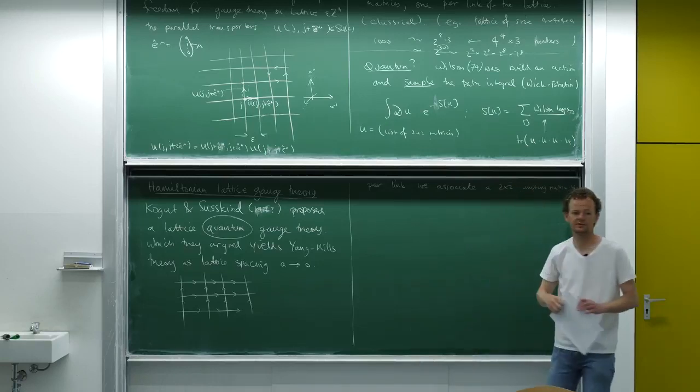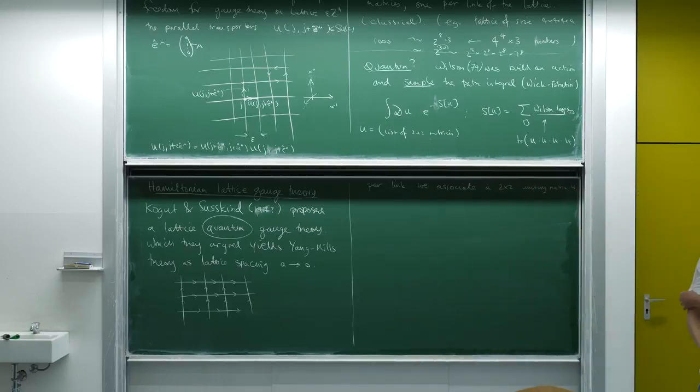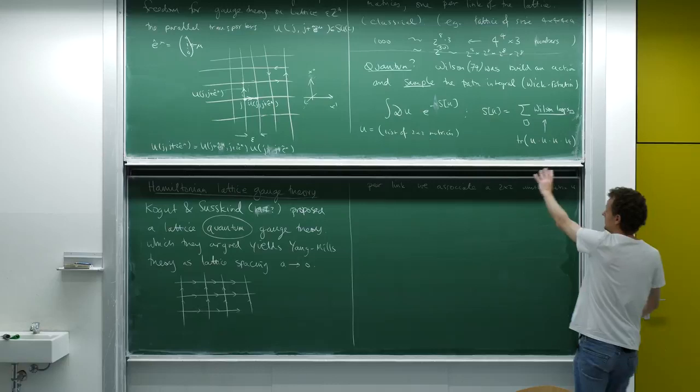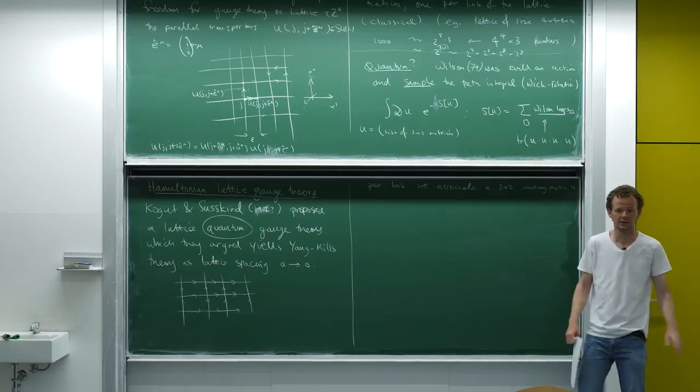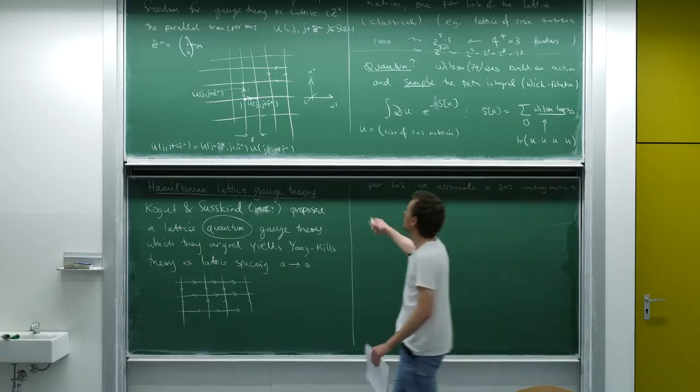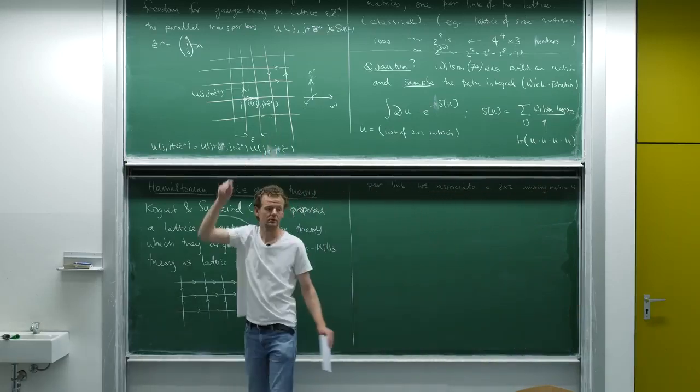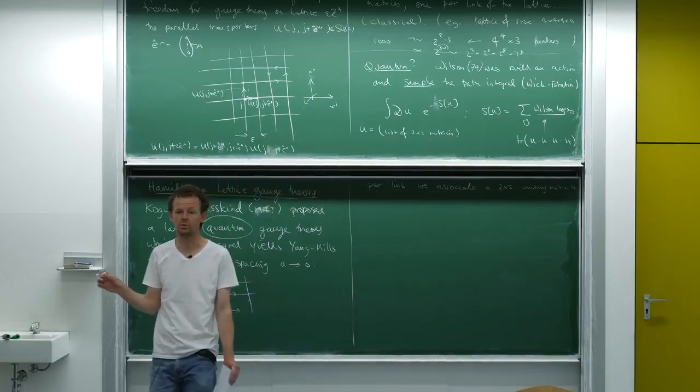So for every link, we associate a 2 by 2 unitary matrix. This is no different from Wilson's formulation at this point here. But remember, Wilson's formulation was classical. So the degree of freedom was just a classical degree of freedom, a unitary matrix per point.